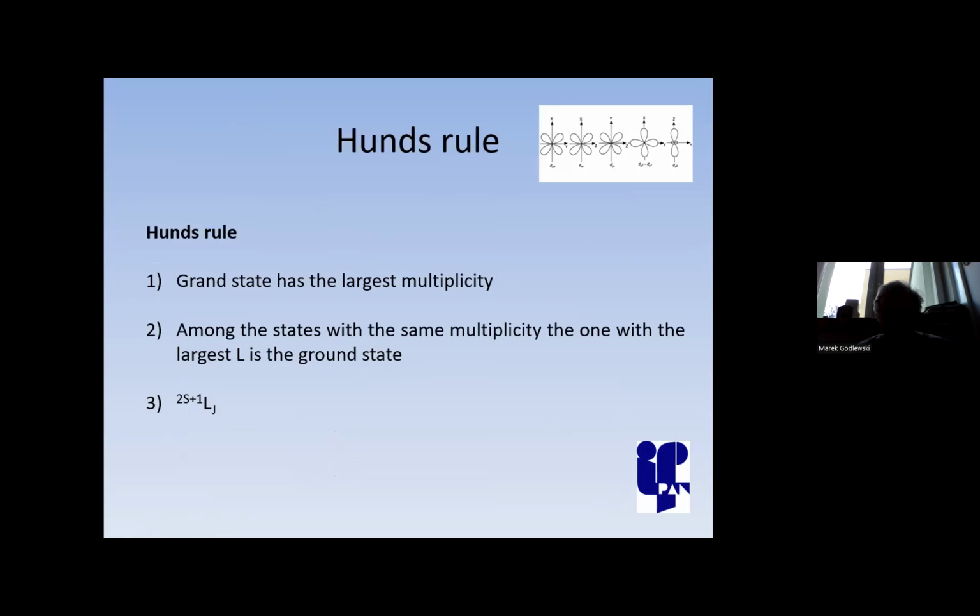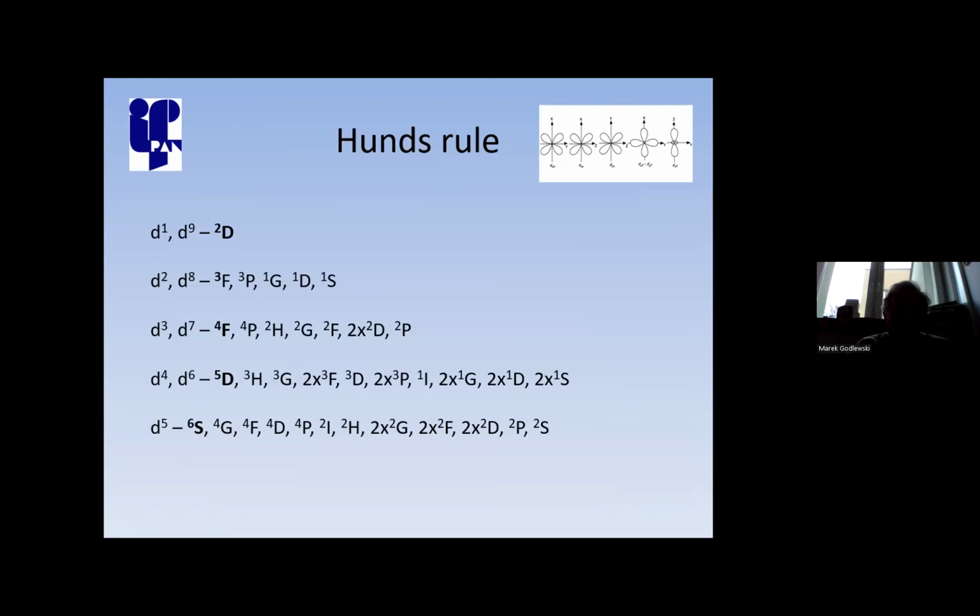And what we should know is called Hund's rule: the ground state has the largest multiplicity. Multiplicity is 2 times the total spin plus 1. And among the states with the same multiplicity, we look for the ones with the larger orbital number, and that will be the ground state. So the rules are simple, and we can easily calculate full energy structures.